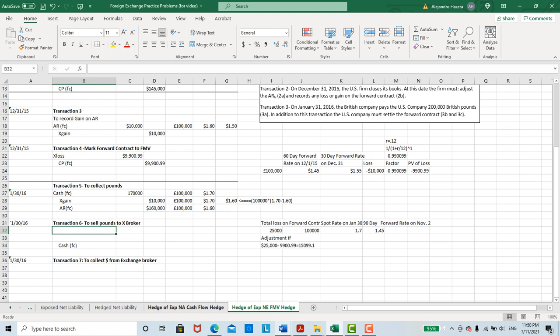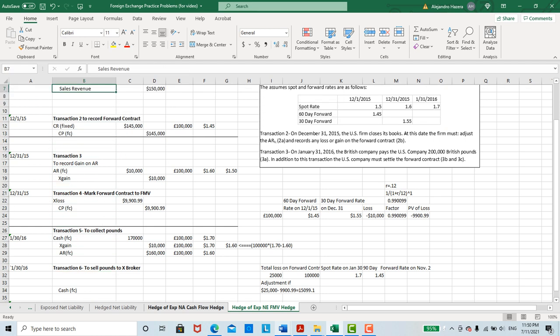In this case, it should be for whatever we have in the contract payable account.